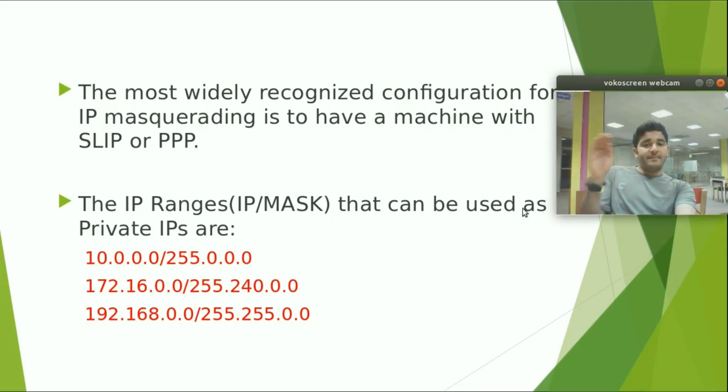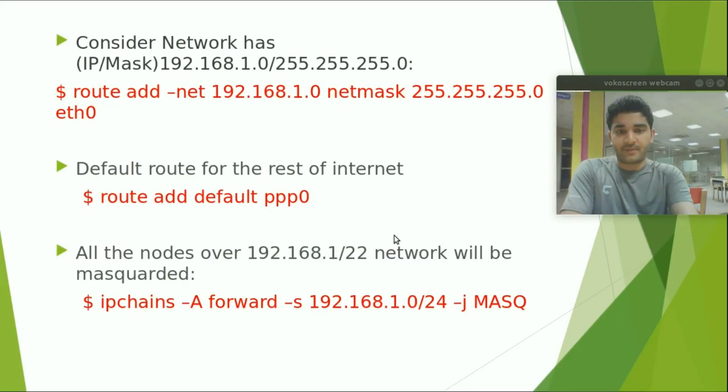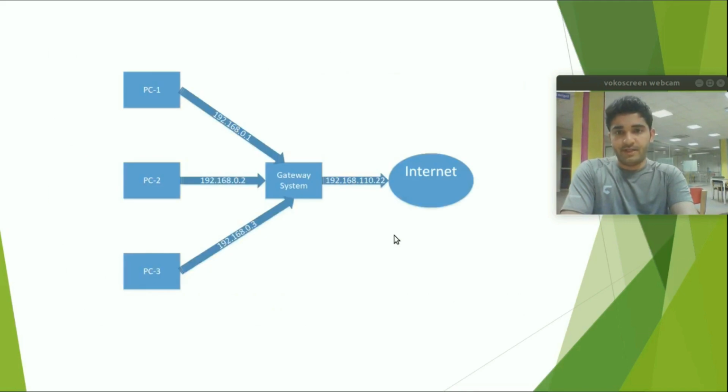And the IP ranges that can be used as private IPs, like in the diagram, let's go back here: these systems PC1, PC2, PC3 have IP addresses which are private. The gateway system has a public IP address, but the IPs for PC1, PC2, PC3 are going to be private.